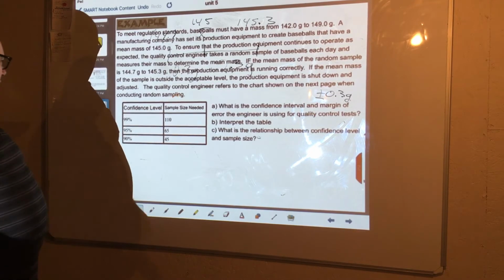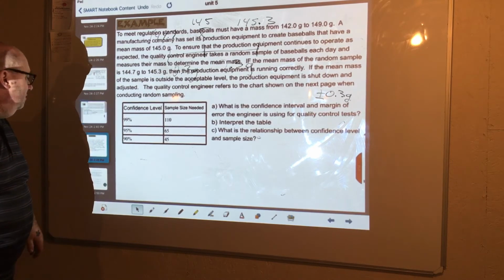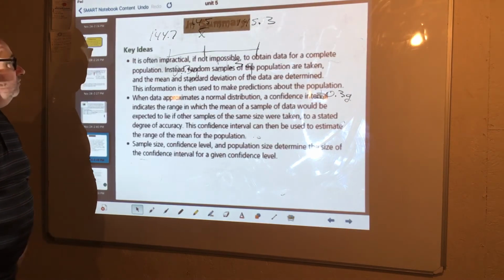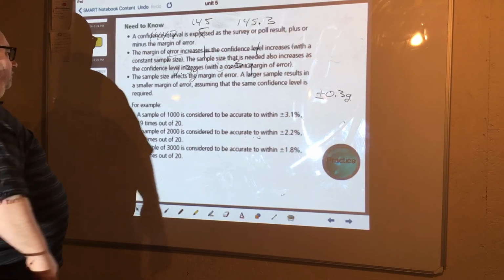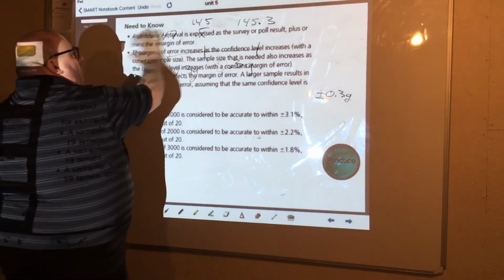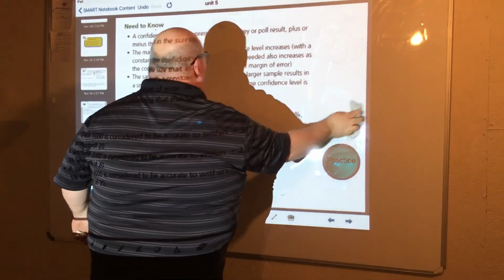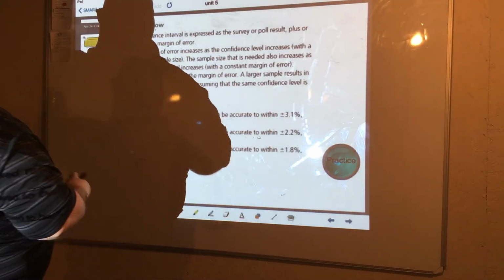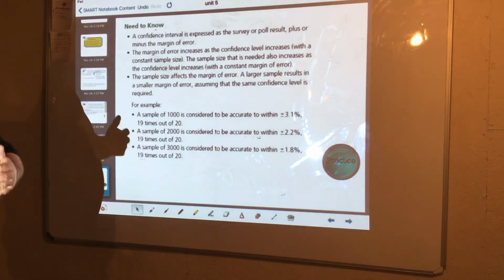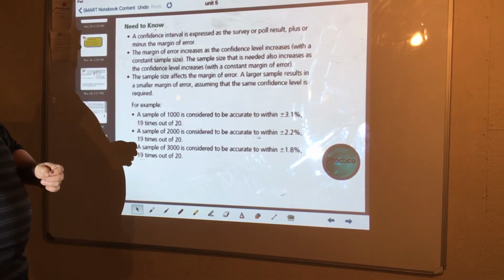Okay? So, let's go to our summary page. Nope, the next one, last one. Right? So, here's what this means. The sample size affects your margin of error, right?